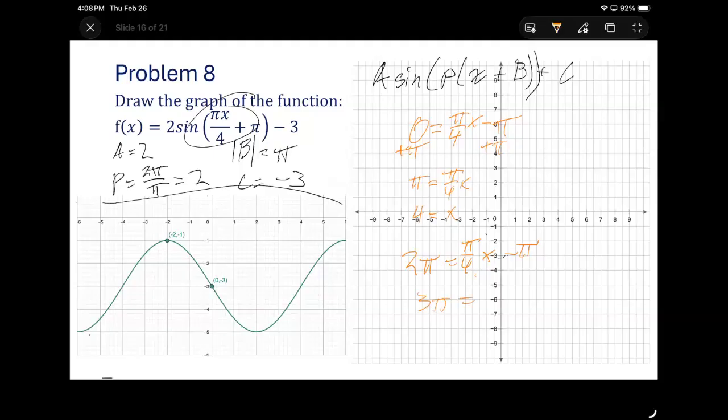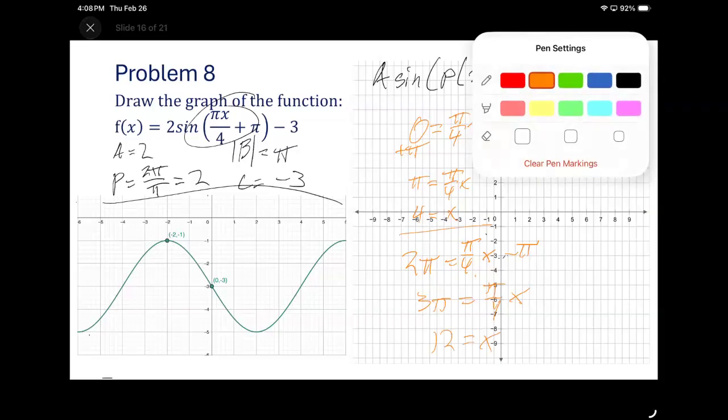3 pi equals pi fourths x. Then this will be 12. If you solve for x by adding pi and then dividing by pi fourths, multiplying by the reciprocal, the pi's will cancel and you end up with 4. So the initial state of the horizontal shift would be 4.